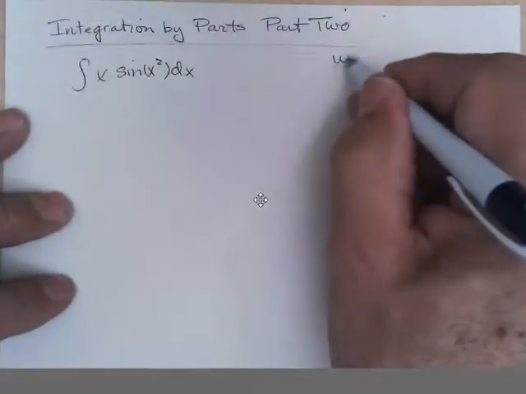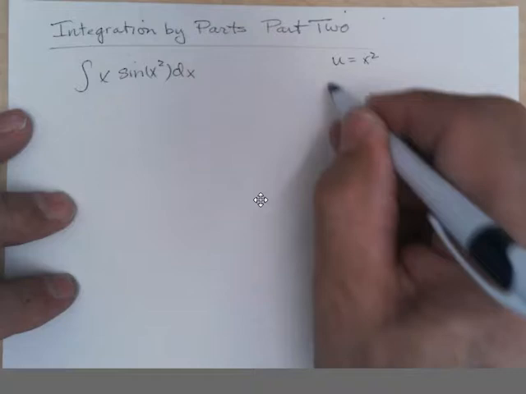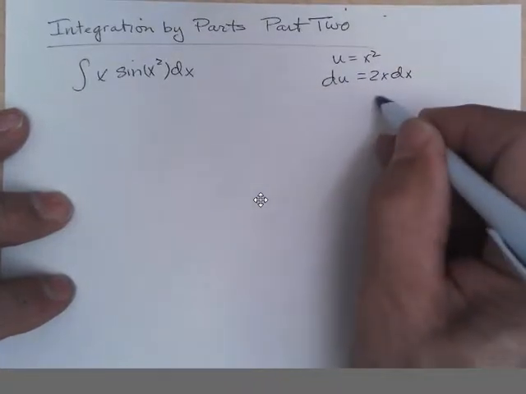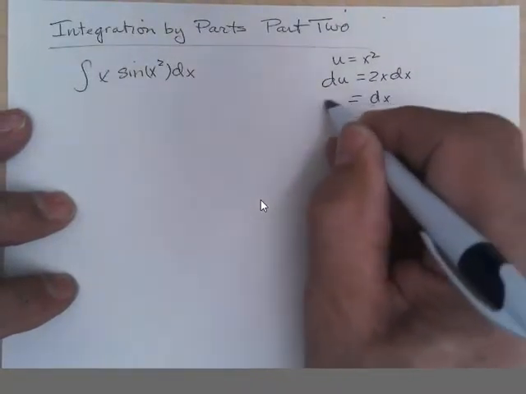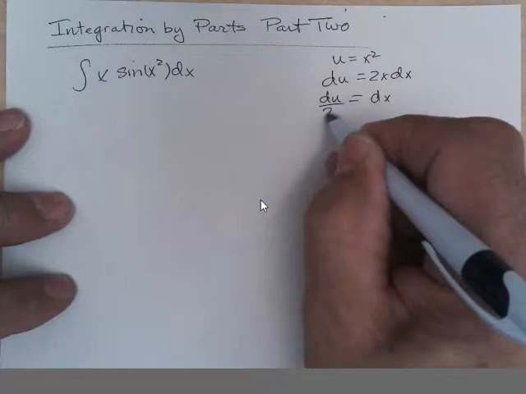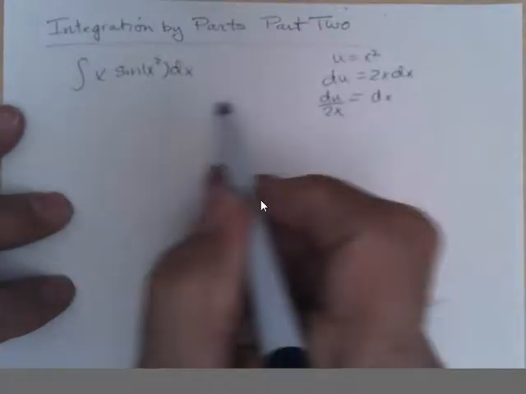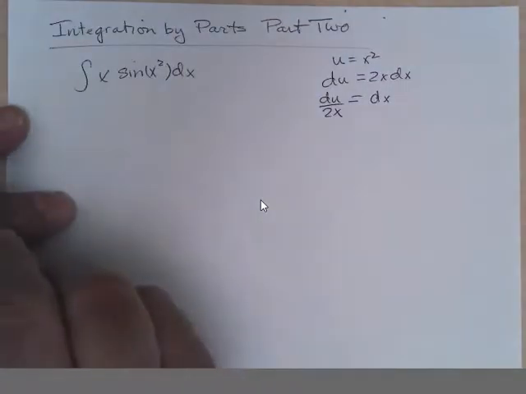Letting u equal x squared, du would be 2x dx, and dx would be du divided by 2x. This is substitution, not integration by parts.